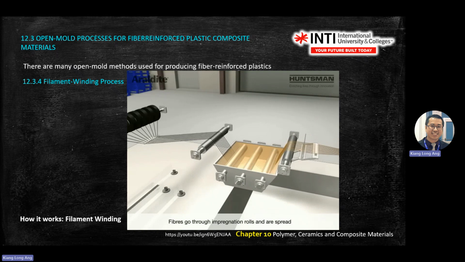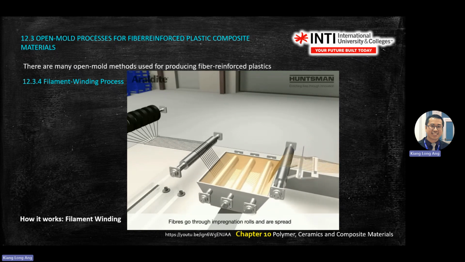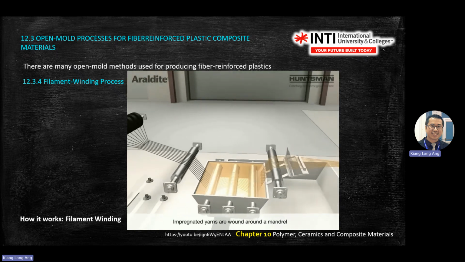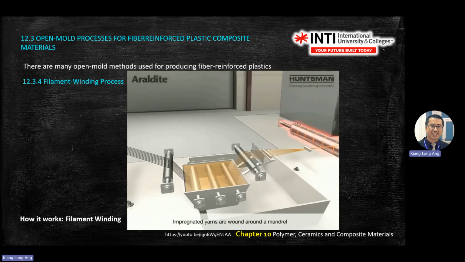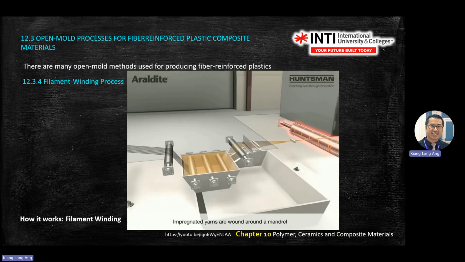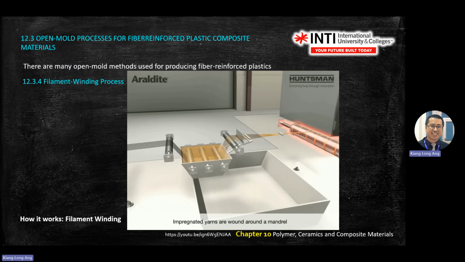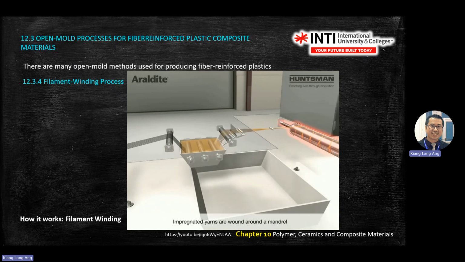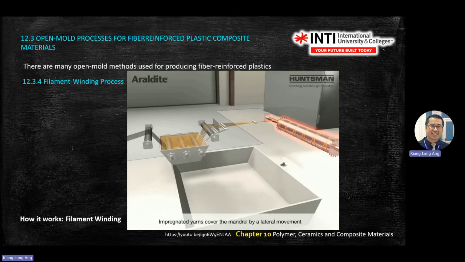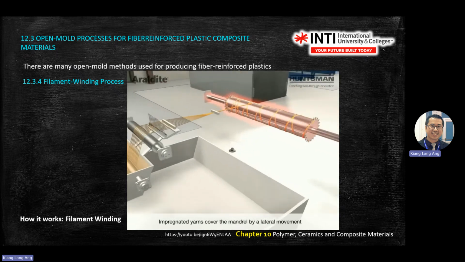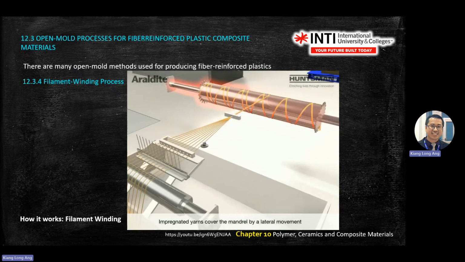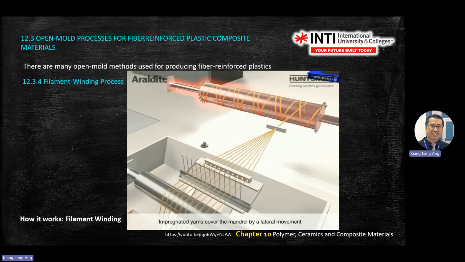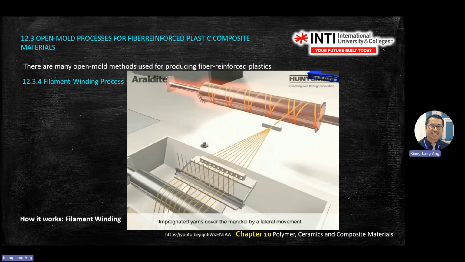Then like 3D printing or making cloth, you will change the orientation of the roller. So this will change the orientation of the laminate layers of your composite. This is how they do the layer orientation: 45, 60, 30, and so on.